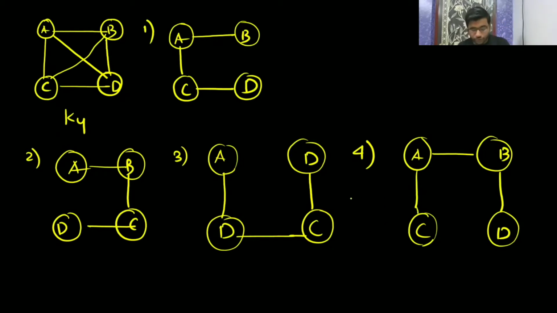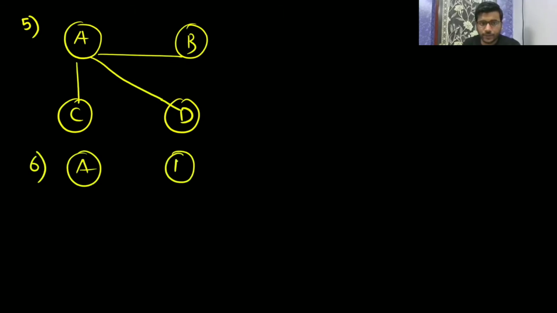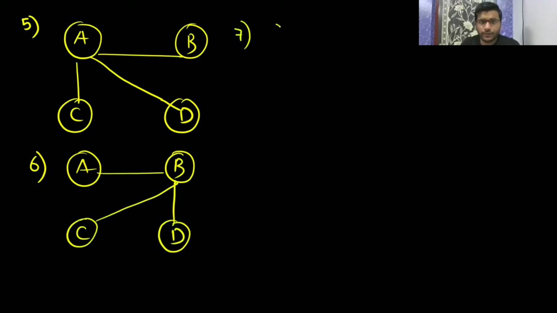Am I clear? Now A was here, A, B, C, D. Okay, this is one more. Then A, B, C. This is one. And 7.